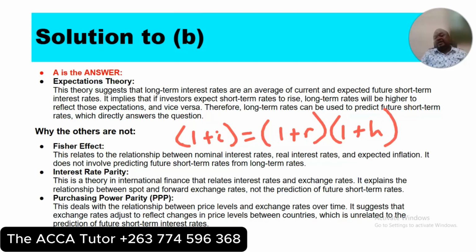Then we have got the interest rate parity. This is a theory in international finance that relates interest rates and exchange rates. It explains the relationship between spot and forward exchange rates, not the prediction of future short-term rates.